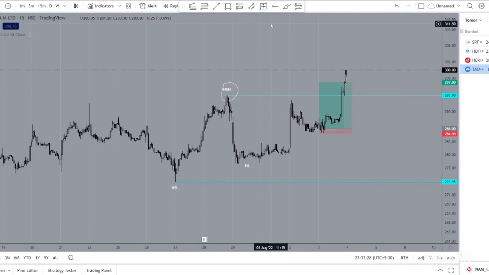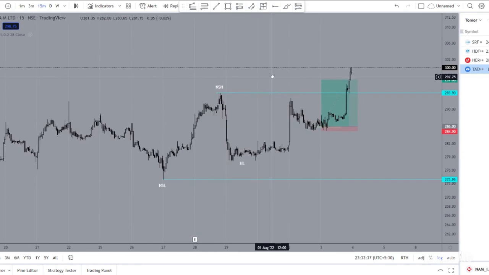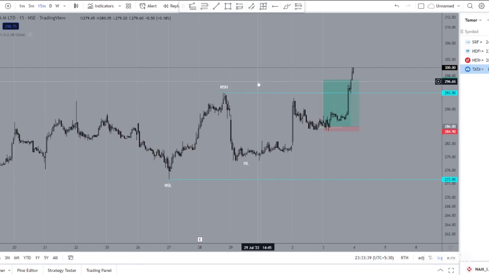So going by this premise, our next step is to look for the points where we can find a good entry with a good risk reward. Now we can see the stock retraced up till here. It again made an attempt to cross this high, but it was not successful.